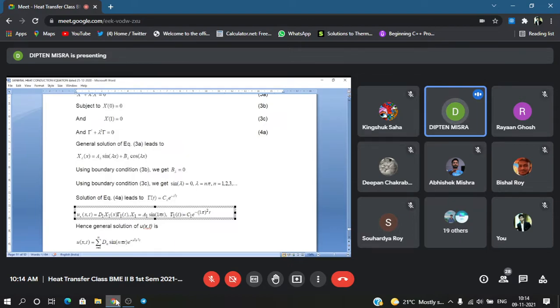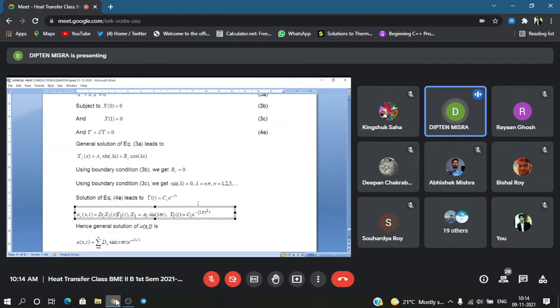What you see is that gamma for one value of lambda, say lambda 1, which we define as n equal to 1. When n is equal to 1, lambda equal to lambda 1. N equal to 2, there is another value of lambda, that is lambda 2. N is equal to 3, it is lambda 3.